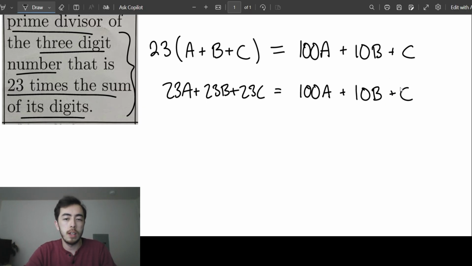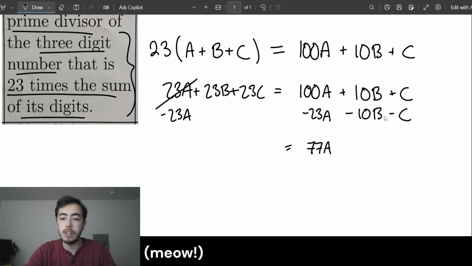And none of them are negative, so I want to see if I can collect these like terms in such a way where I don't have any negatives. So let's cancel out that 23A by subtracting it from both sides. That means we get a 77A on the right. And then maybe let's cancel this 10B and the C by subtracting on both sides.